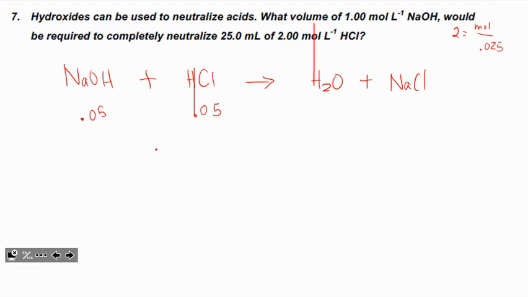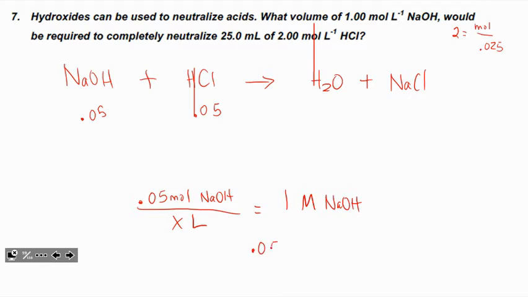They want to know a 1 molar solution, so 0.05 moles of NaOH over X liters equals 1 molar NaOH. If I multiply that out and divide, I'm going to need 0.05 liters. They didn't say specifically what units they wanted, but that would also be 50 milliliters if they asked for milliliters.